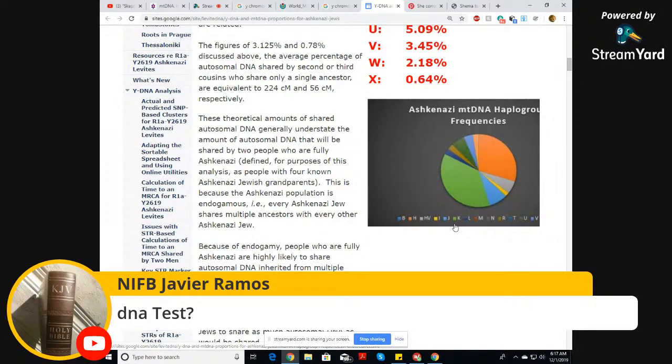This is the mtDNA. I'm confusing it with a Y because they really got to straighten this DNA out because it's so confusing.